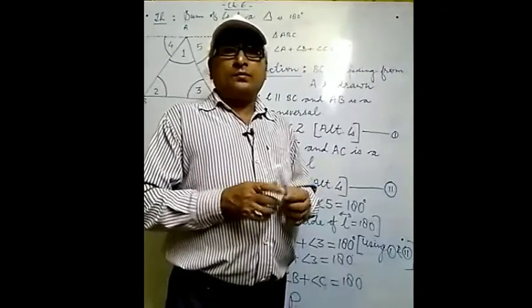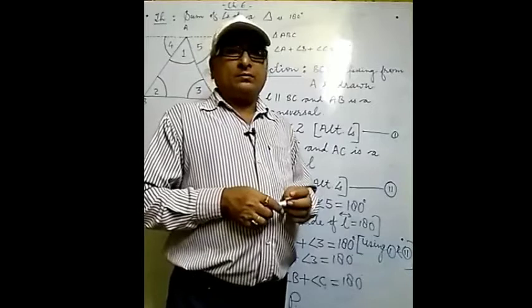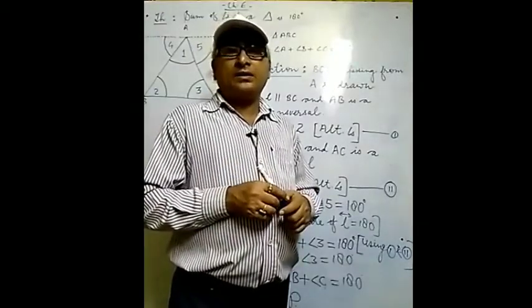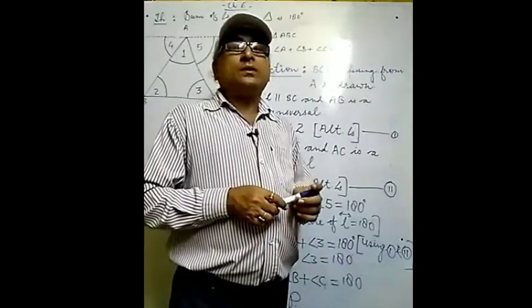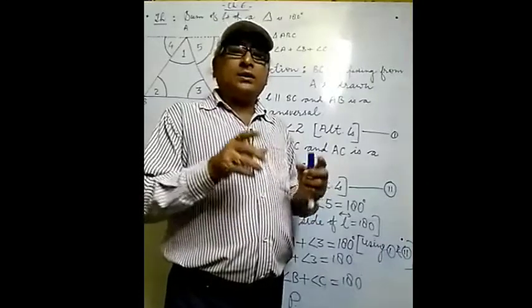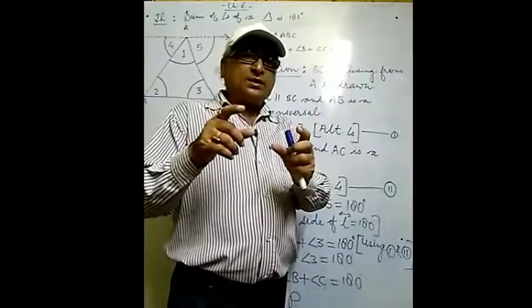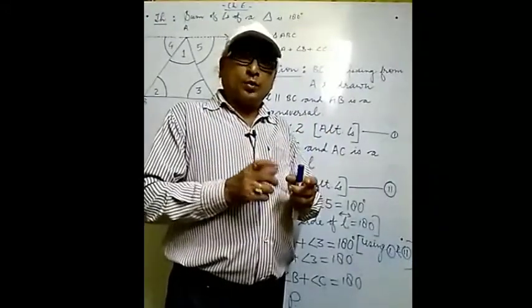So we have to prove that the sum of all the interior angles of a triangle is 180 degrees. How many angles are there in a triangle? Obviously there are 3 corners, so the sum of all these corners in degree measure will be 180 degrees. This is to be proved here.